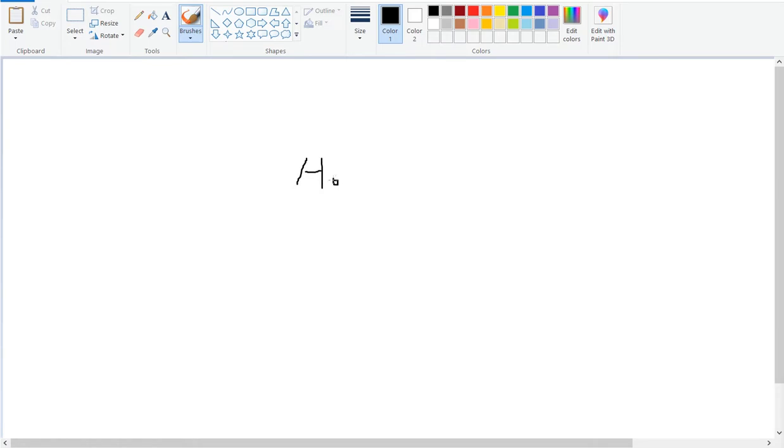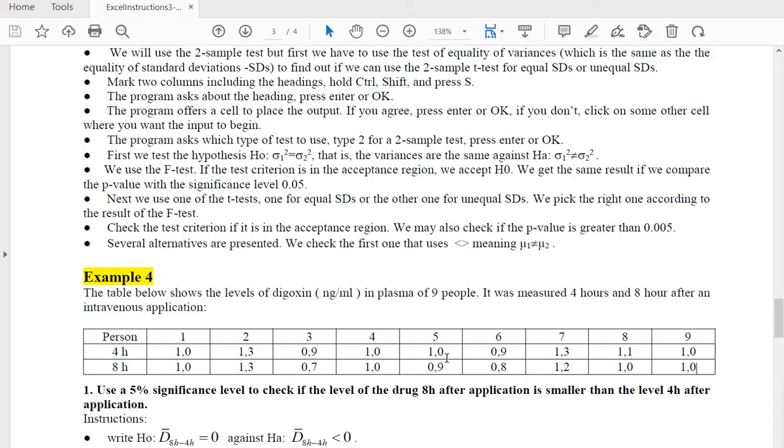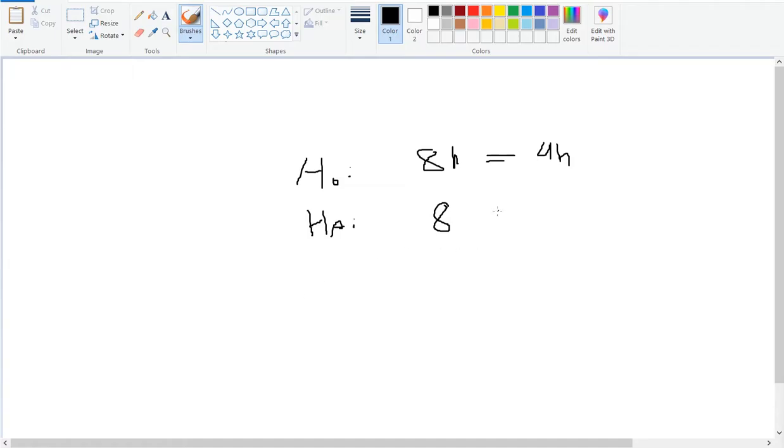Our null hypothesis is that after 8 hours is equal to after 4 hours. Our alternative hypothesis is that after 8 hours is smaller than after 4 hours. Easy.